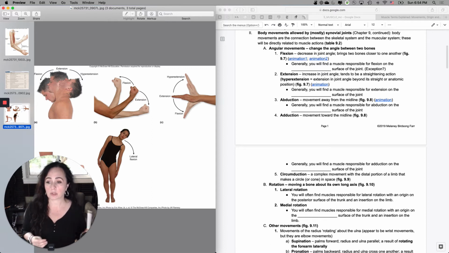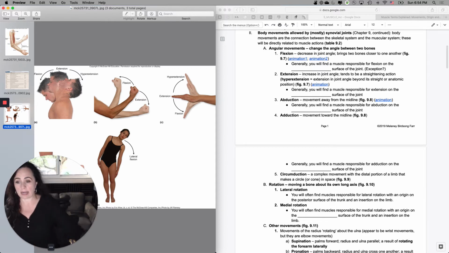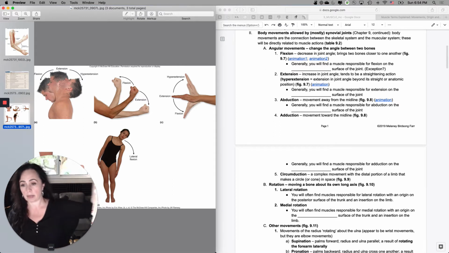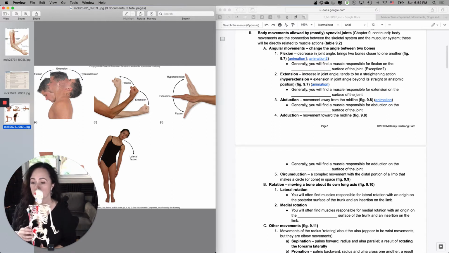So if you were looking at me right now and I said, okay, in anatomical position, and let's look at my skeleton instead because you can see him better. So in anatomical position, what is the angle between the humerus and the forearm bones? Well, it's about 180, right? So if I do this from anatomical position, I've changed the angle, right?